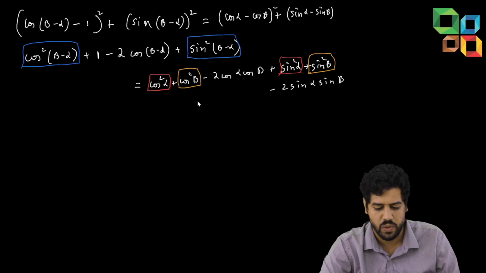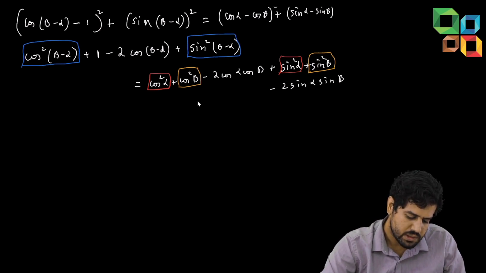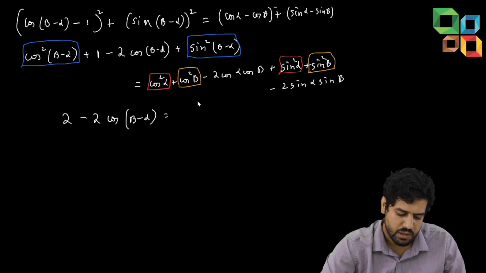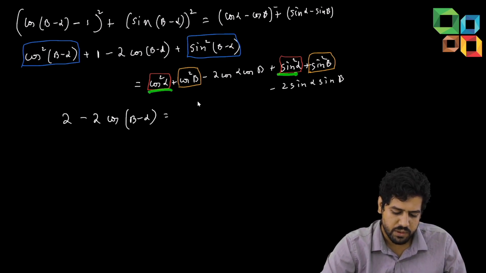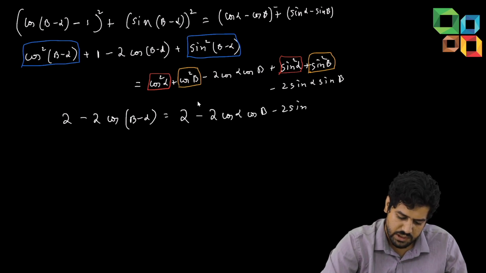That also will give us 1. So in the LHS, 1 plus 1 is 2, minus 2 cos of (beta minus alpha), is equal to, cos square alpha plus sin square alpha is 1, cos square beta plus sin square beta is 1. So we get 2 minus 2 cos alpha cos beta minus 2 sin alpha sin beta.